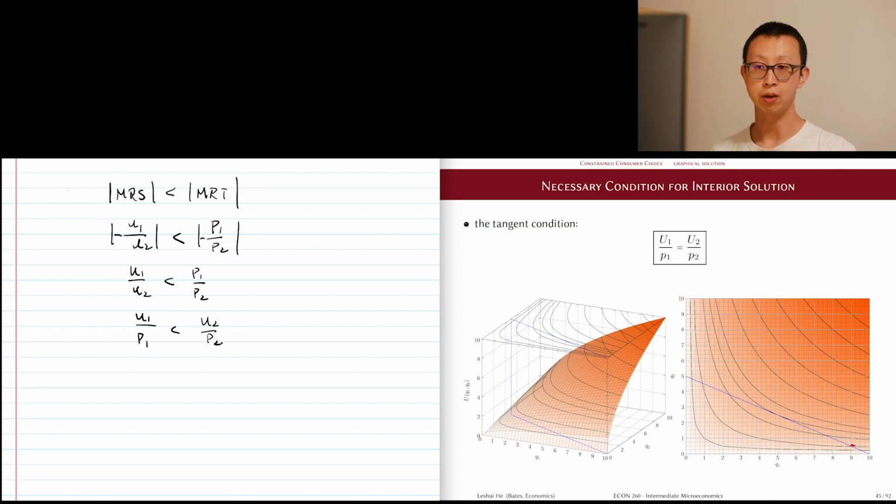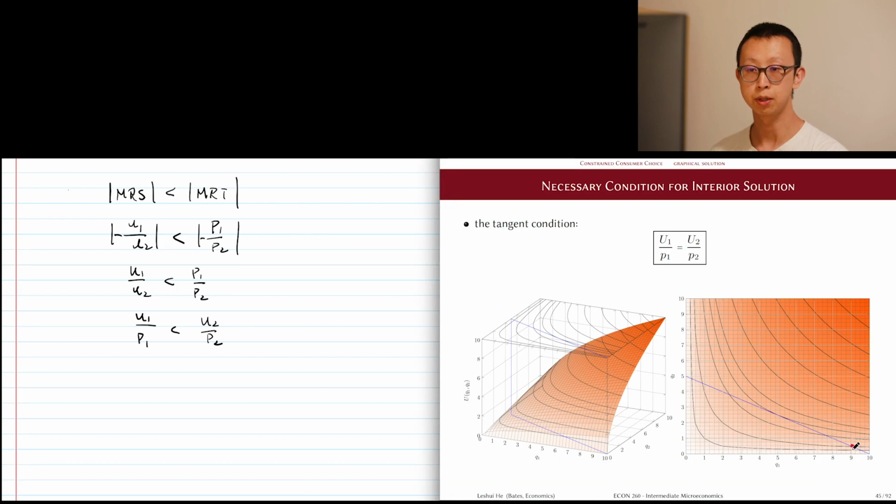Well, we should shift our expenditures from good 1, which is here, towards good 2 by traveling up the budget constraint. On the contrary, if we're at a point that's around here on the budget constraint, we have a lot of expenditure on good 2 and very little expenditure on good 1. And over here, at this particular point, the consumption bundle is sitting on an indifference curve that is steeper than the budget constraint.